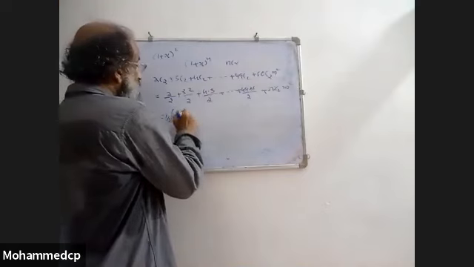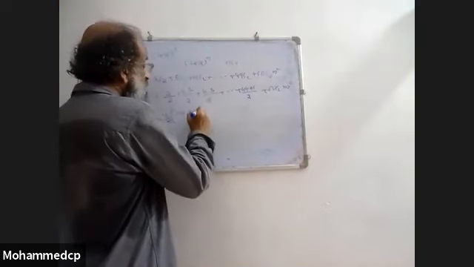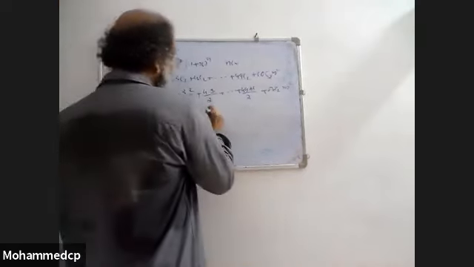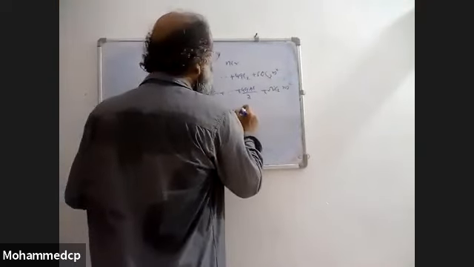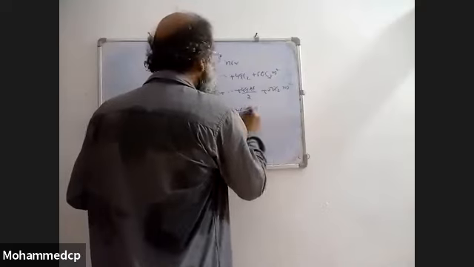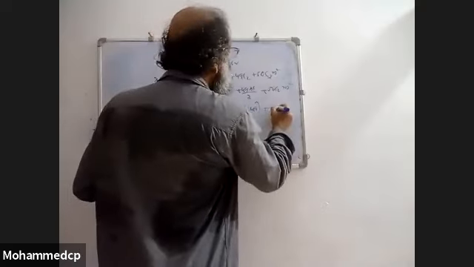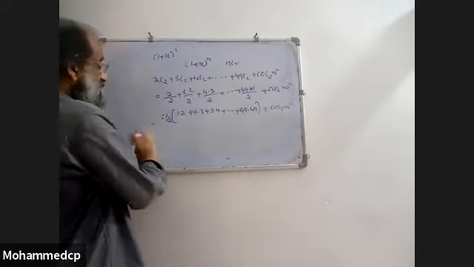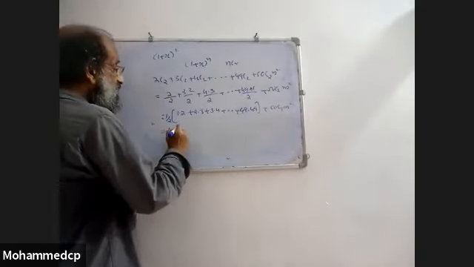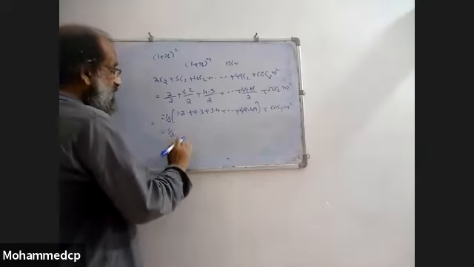We get 1 × 2 plus 2 × 3 plus 3 × 4 plus etc. 48 × 49. Plus that 50C2 m square equals 1/2 into sigma.